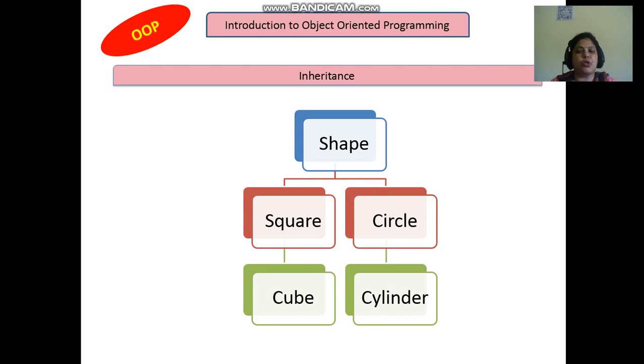Again, when I am coming to cube, I cannot compare a cube with a square. Yes, I can compare it in common that both are shapes, but a cube is having certain thing in common with square, that it has 4 corners, but all those 4 corners is having a certain depth, that is said to be a cube. A cylinder is having no corners with a certain depth. So you can differentiate cube and cylinder. This is known as inheritance.